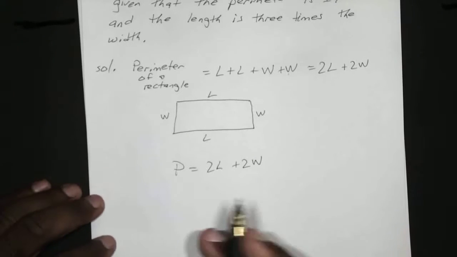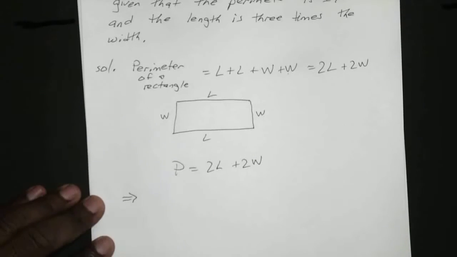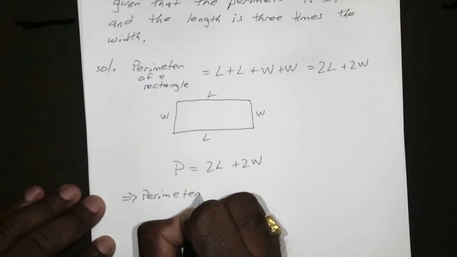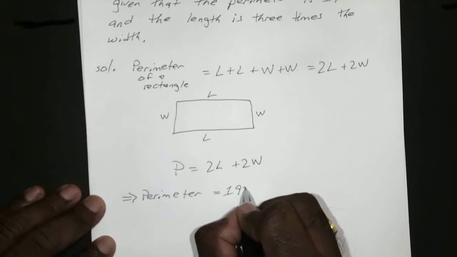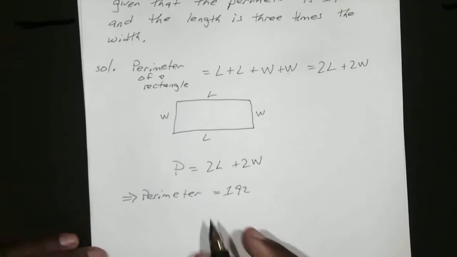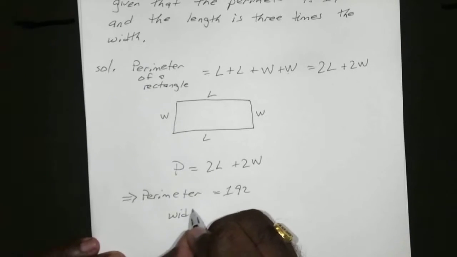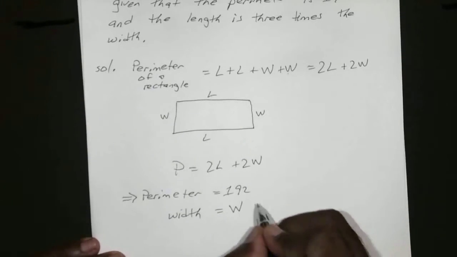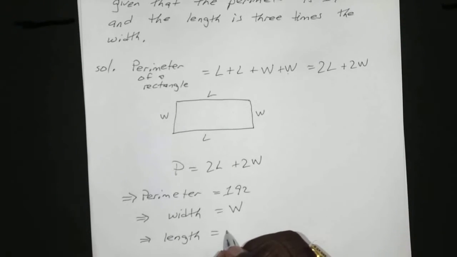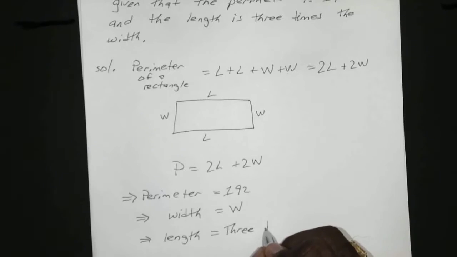Okay. So just based off what they gave us, the perimeter is equal to 192 feet. And we know that the length is 3 times the width. So our width, we can just make that equal W. And our length equals 3 times the width.